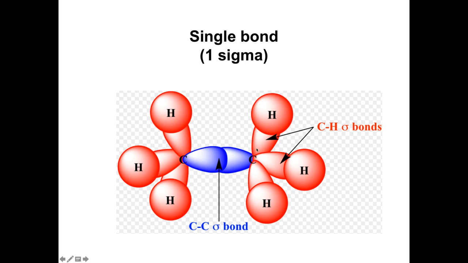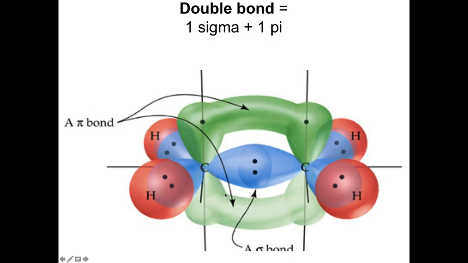And then this would be the sigma bonds here between the carbons and hydrogens. And then when we deal with pi bonds, you can see we have a sigma bond here between these carbons. And then there's a pi bond, and the pi bond basically encapsulates or circles it. So this is part of the pi, and this is the other part of the pi that's around it.